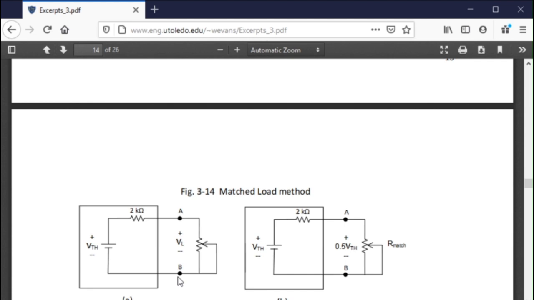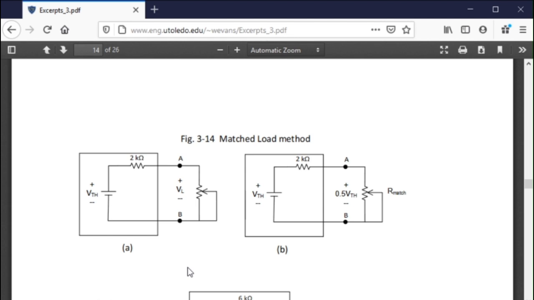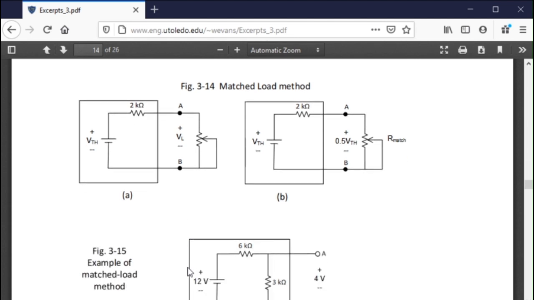And if that's the case, then what do you have? You have the resistance here is exactly equal to the resistance there, and that's another way of finding the R Thevenin. So if you have a hard time finding it with a black box, put a potentiometer, a resistor, and turn it up and down until your A-B terminals go to exactly half of what they would have been if they were open circuit at A to B, and that'll give you R Thevenin.